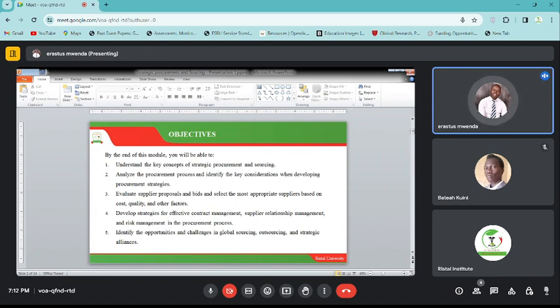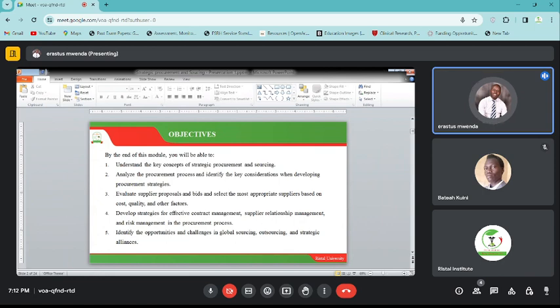We now intend to understand our unit, strategic procurement and sourcing. But what is the meaning of a strategy? A strategy, we would simply define as a high level plan or a course of action, and actions that managers take within the organization to be able to achieve set objectives.